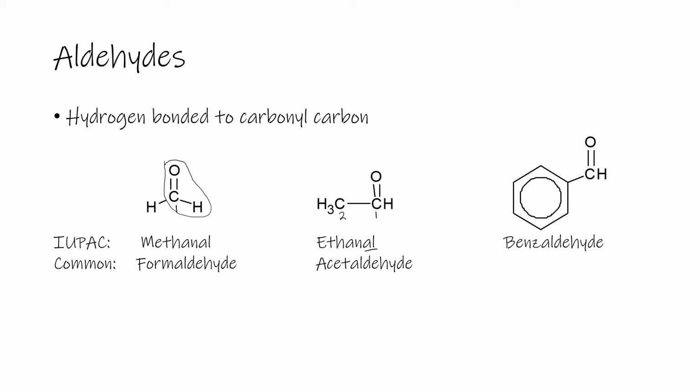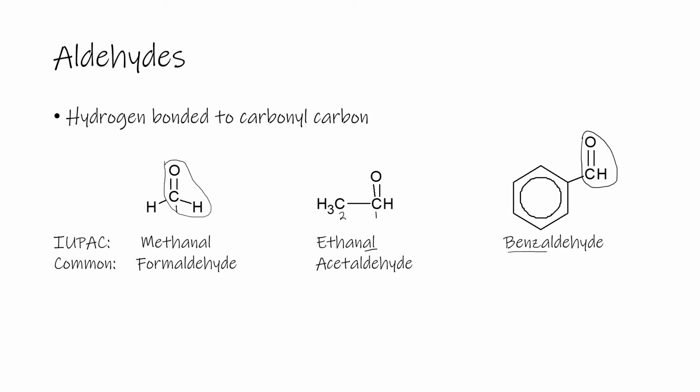The common name for that is acetaldehyde. The last one that I have listed there is benzaldehyde, where we have a benzene ring, and so it is named with that prefix benz and then the aldehyde. So it's a benzene ring that is attached to that aldehyde functional group, the carbonyl bonding to a hydrogen.